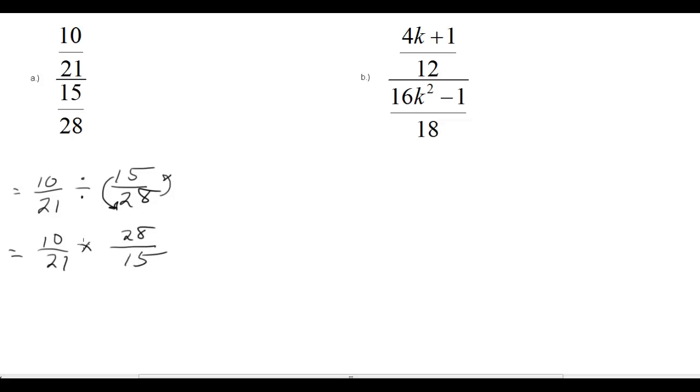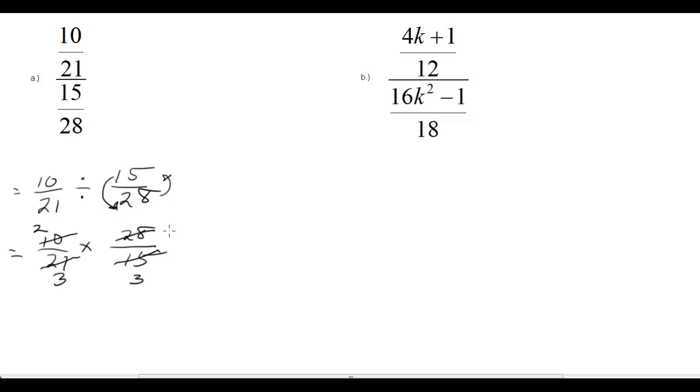Now, because the only operation we have involved is multiplication, all of these numbers are factors. And since they're all factors, we can now start doing some factoring. We can take 5 and factor into that. 15 divided by 5 is 3. And 10 divided by 5 is 2. 7 goes into 21 3 times.